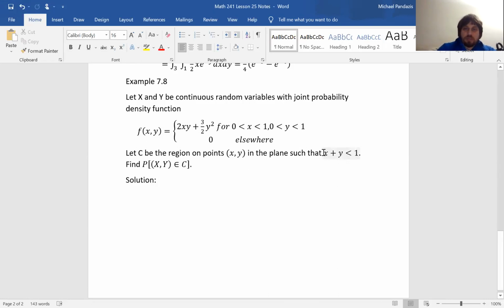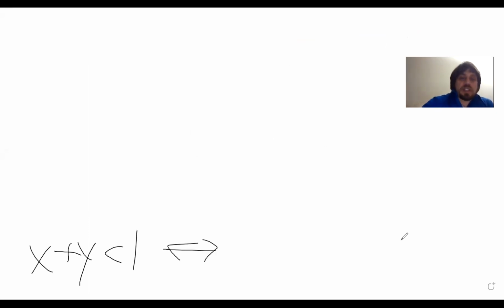I'm just going to point out the region given by that inequality, x plus y less than 1. If you have x plus y less than 1, that's equivalent to saying y is less than 1 minus x, subtracting x from both sides.